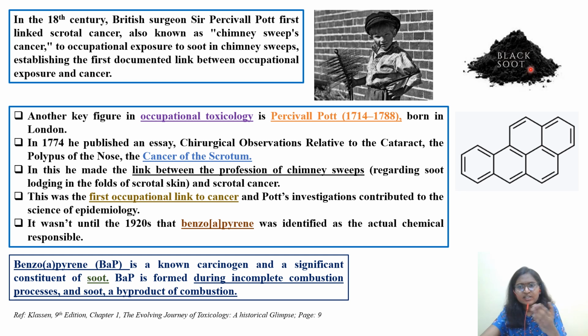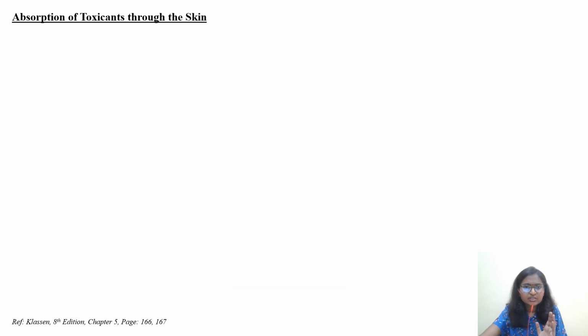Black soot contains many constituents, out of which one component is benzo[a]pyrene. PAHs will also be there, which also cause various types of cancer and are an important component of black soot. But benzo[a]pyrene is the one responsible for causing this cancer. Eventually, in 1920, the actual chemical responsible was identified. You can go back and read this in detail. Okay, now let's directly move to another slide.